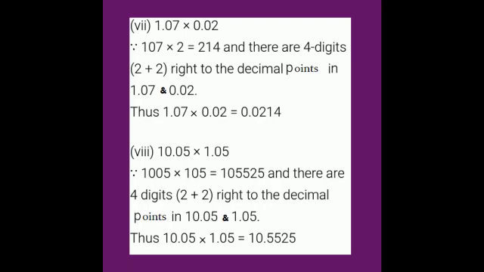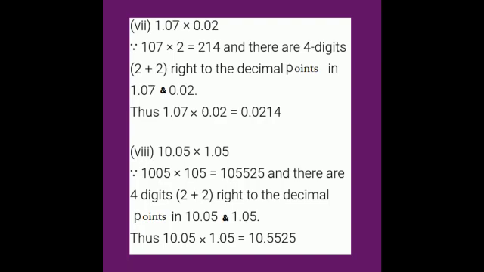So totally we are having 4 digits right to the decimal points. Thus our answer should also consist of 4 digits right to the decimal point. So 1.07 into 0.02 is equal to 0.0214.